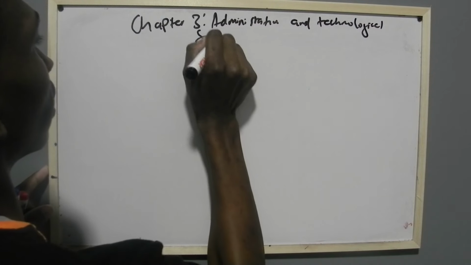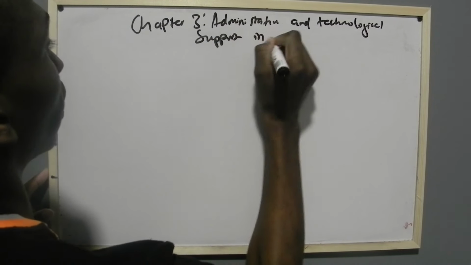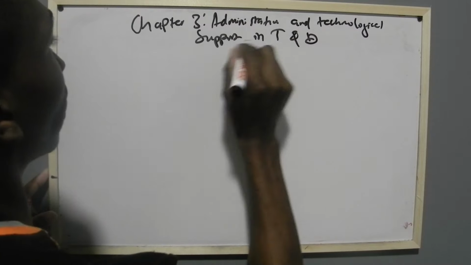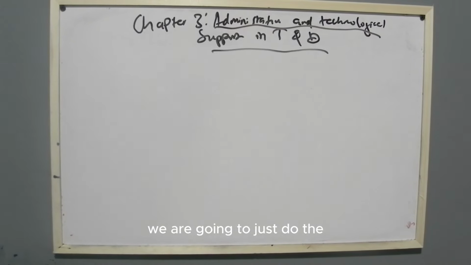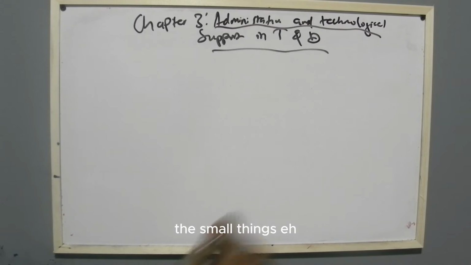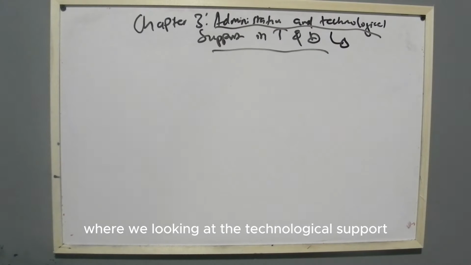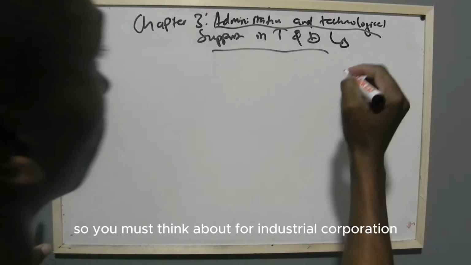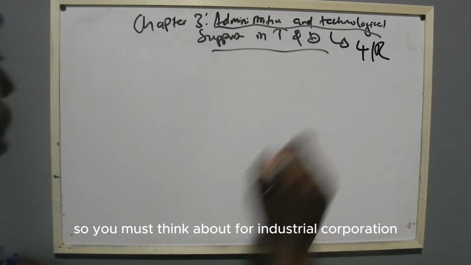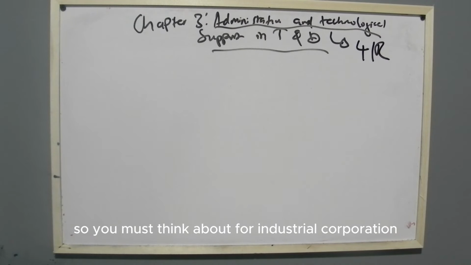Today we are going to do the small things, looking at the technological support in training and development in the organization system. You must think about the fourth industrial revolution, right?